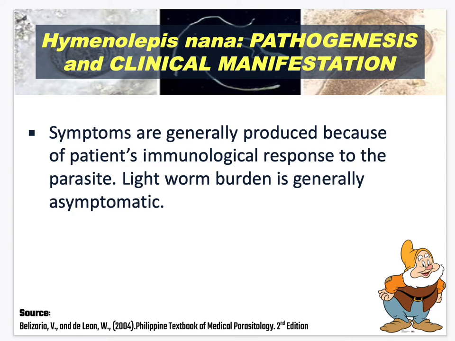So, the symptoms when you have the infection are generally produced because of the patient's immunological response to the parasite. So, light worm burden is generally asymptomatic. These immunological responses, you will understand more of this when you take the subject immunology, no?